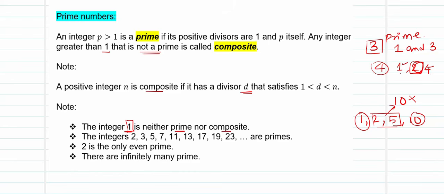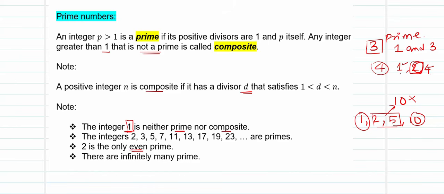These are the numbers which have 1 and themselves as their divisors and nothing else. The next important point to notice: 2 is the only even prime number, because all other even numbers can be expressed as a product of 2. So when they are expressed as a product of 2, you find 2 to be a divisor of it. So none of the even numbers are prime apart from 2.